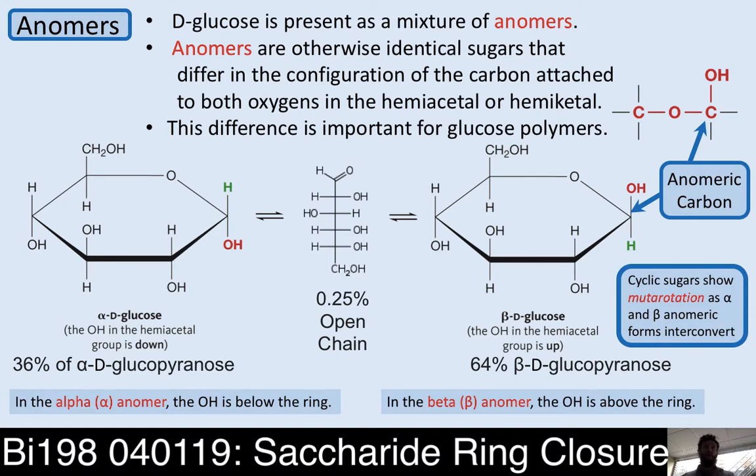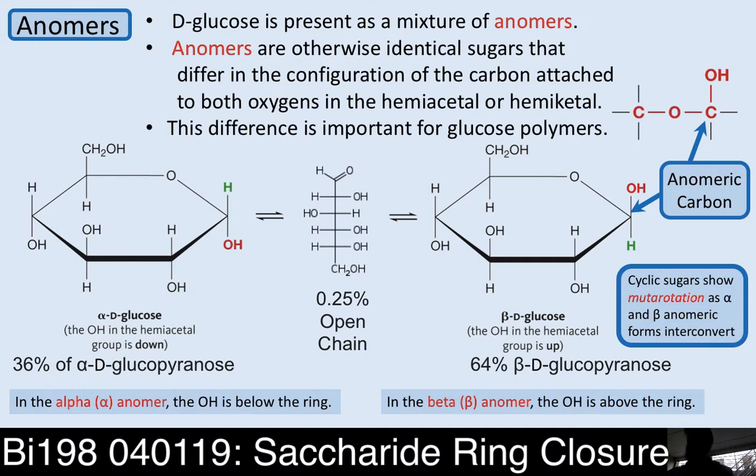And then it's an open chain with the carbonyl group, the aldehyde group. And then that aldehyde will attack that carbon. Again, depending on the side that it attacks it from, it'll either be alpha glucose or beta glucose.